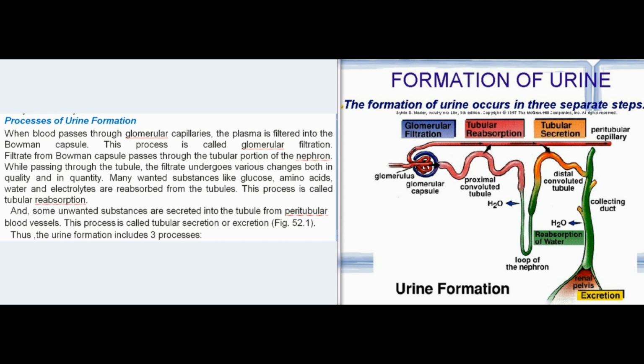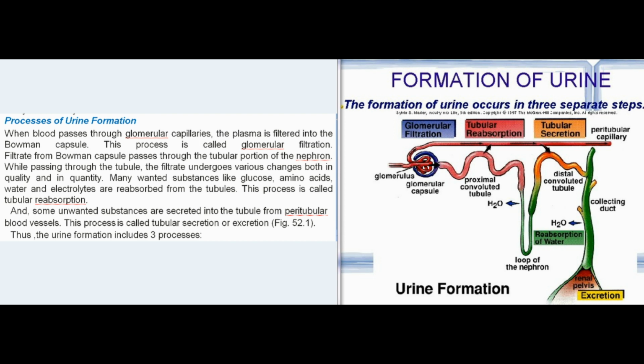Many wanted substances like glucose, amino acids, water, and electrolytes are reabsorbed from the tubules. This process is called tubular reabsorption. And, some unwanted substances are secreted into the tubule from peritubular blood vessels. This process is called tubular secretion or excretion, Fig 52.1.